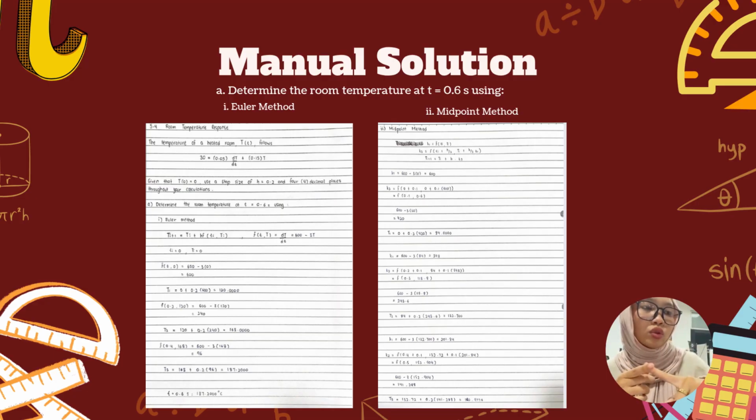For step 2, the slope equals 300 minus 130, and the answer is 187.2.